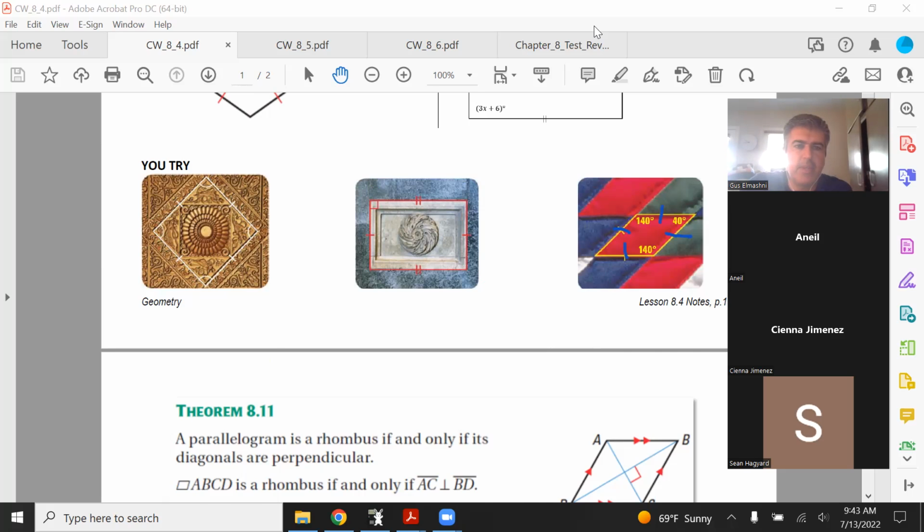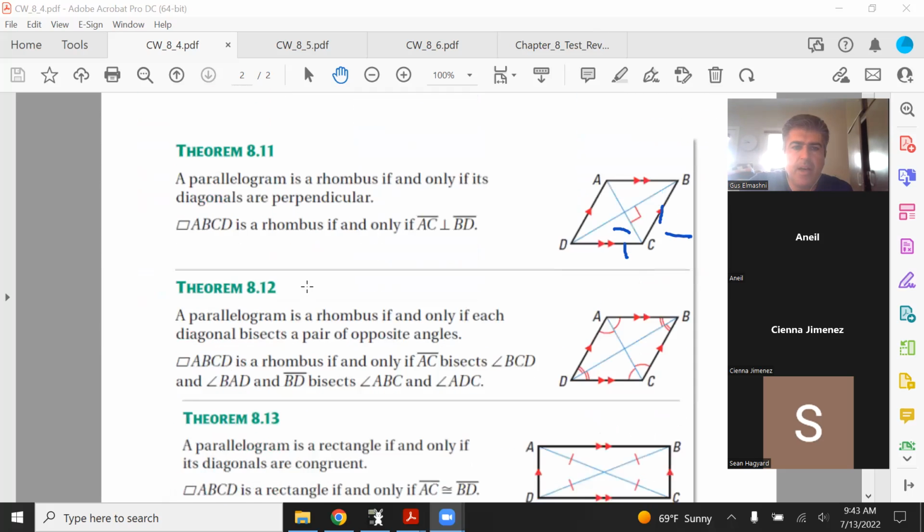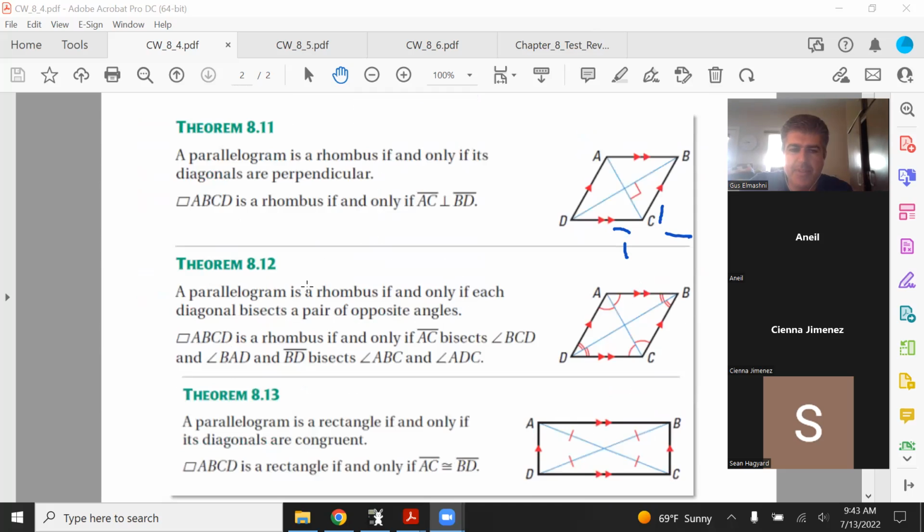Okay, let's keep moving. Theorems, this is just more definition. I mean, you'd have to prove them, but we're not doing proofs here. Again, it's just saying, hey, a parallelogram is a rhombus if and only if its diagonals are perpendicular. So it's giving you some more reasons why a rhombus might be a rhombus.